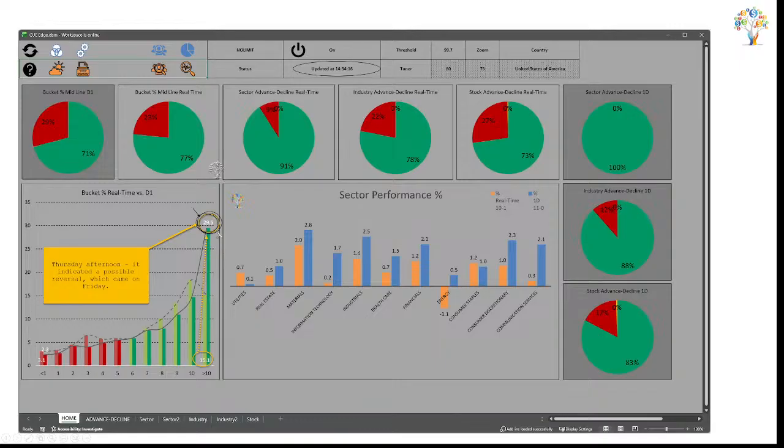On top of that, we had the bucket analysis flashing extremely overbought condition on Thursday. Though many people were thinking of piling into buying more stocks, these extreme overbought situations told me not to do that. Instead, I could even look for some shorting opportunities.